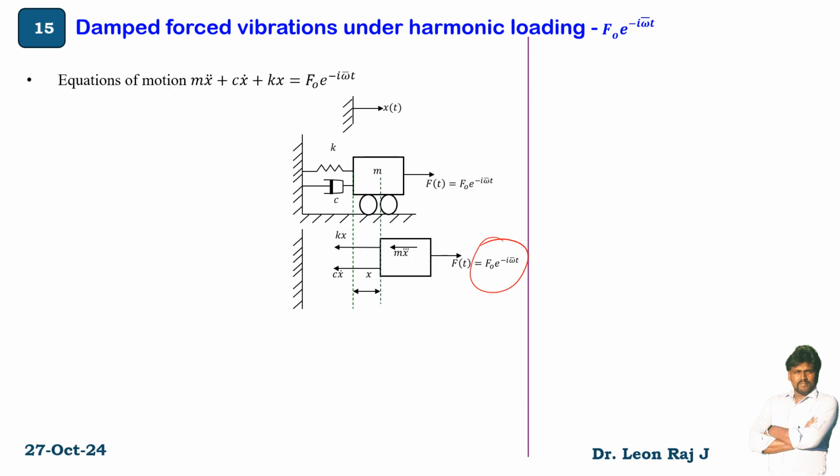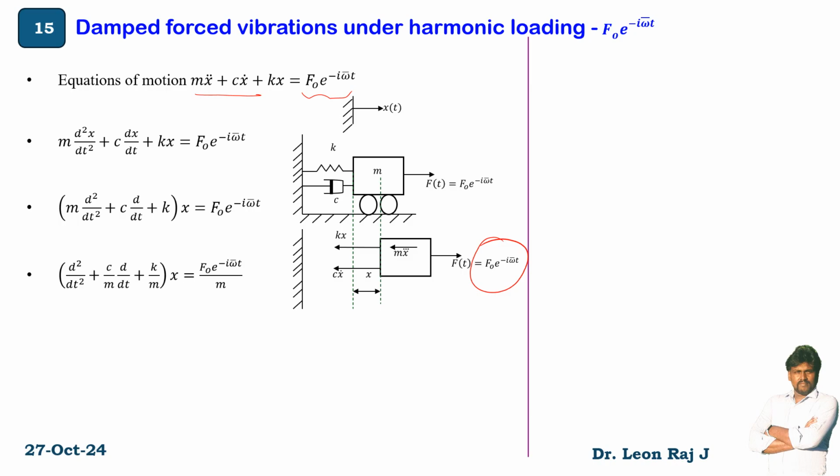The equation of motion is m x double dot plus c x dot plus k x equal to f0 e power minus I omega bar t. So your differential equation: m d square by dt square plus c d by dt plus k into x equal to f0 e power minus I omega bar t.